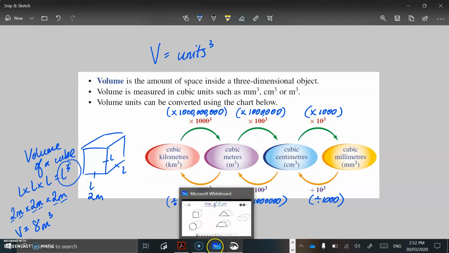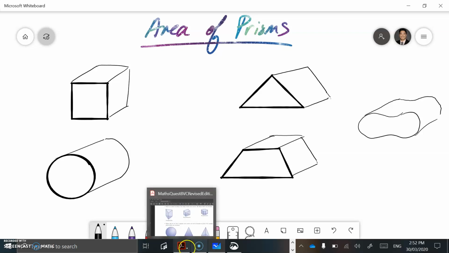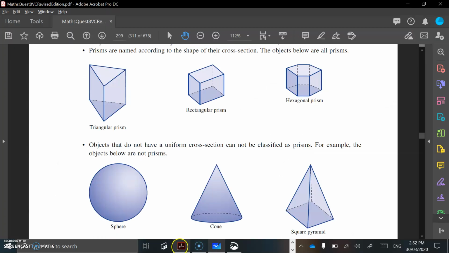So looking at prisms, a prism is a 3D object that has the same shape all the way throughout. If we look at this text here, we have a triangular prism, and the base is a triangle, and this goes all the way out.